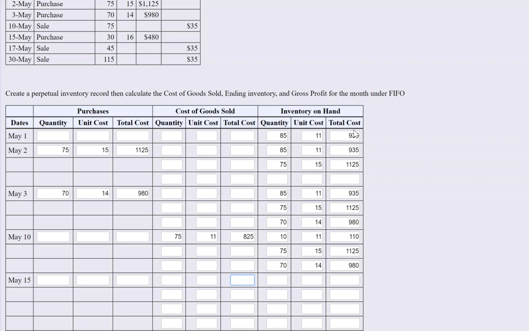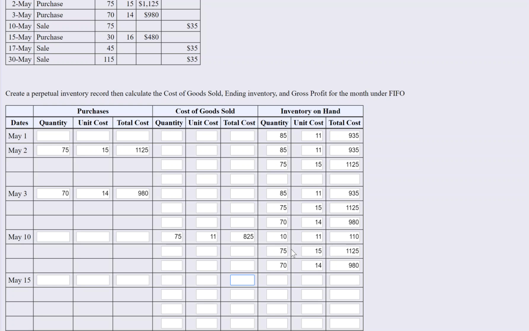And then just real quickly, I mentioned the journal entries here. So if we're going to sell 75 units, under a perpetual inventory system, you have a 2-part journal entry. So the first part would be to record the sale. So 75 times 11 is 825. So I would debit my cash or accounts receivable for 825 and credit my sales revenue.